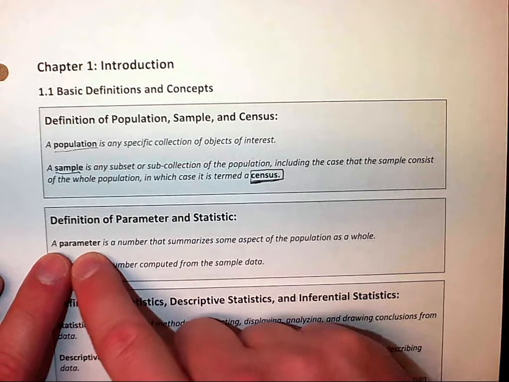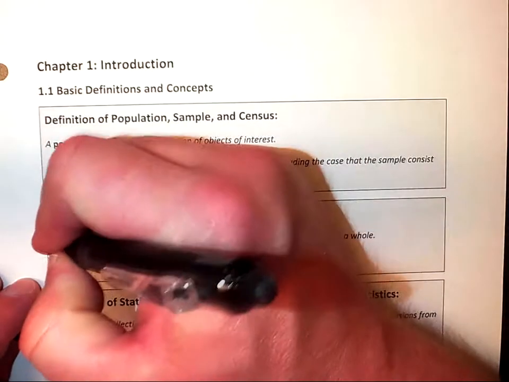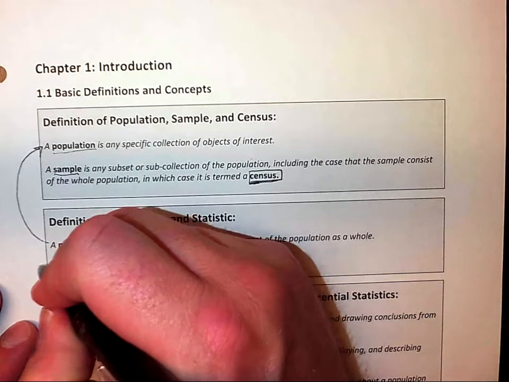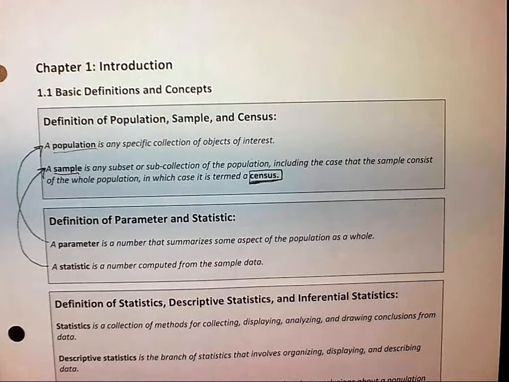A parameter is some number that summarizes some characteristic about the population. And a statistic is a number that summarizes a characteristic about a sample. So, let's go back to the example of figuring out the average height of all students at UNCC.